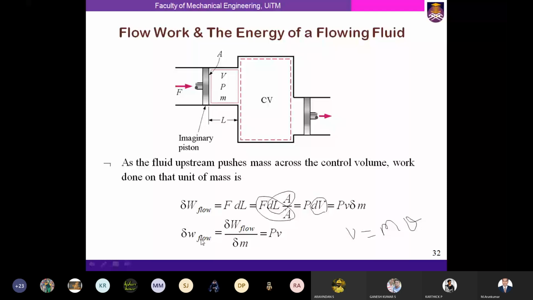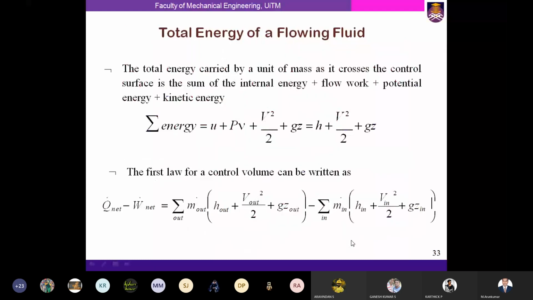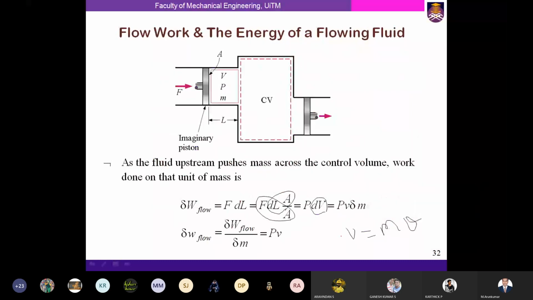Specific work done can be written as work done divided by mass. So small w will be equal to capital W divided by mass.